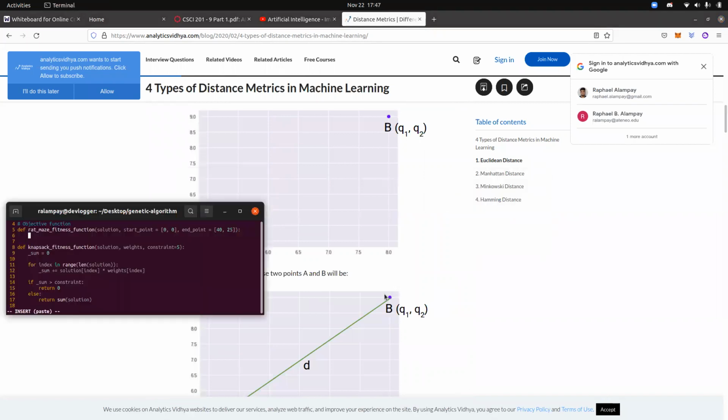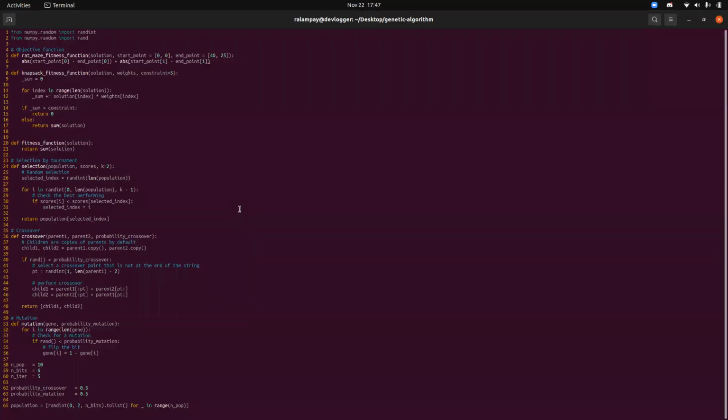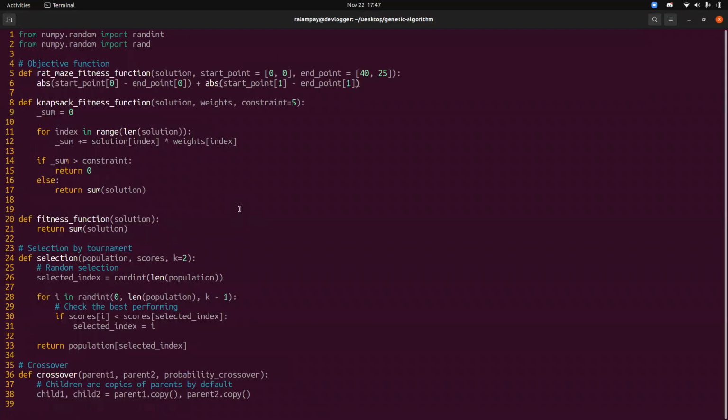Let's just say that it is the absolute value of the start point at index 1 minus the end point at index 1 as well, the first index, plus the absolute value of the start point at the second index minus the end point at the second index. It could be as simple as this. Distance.